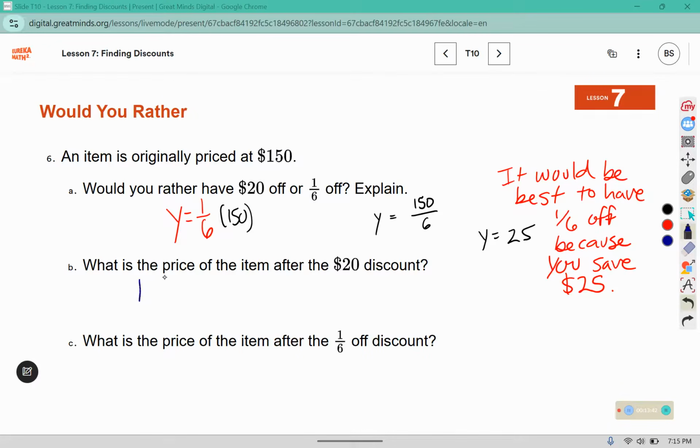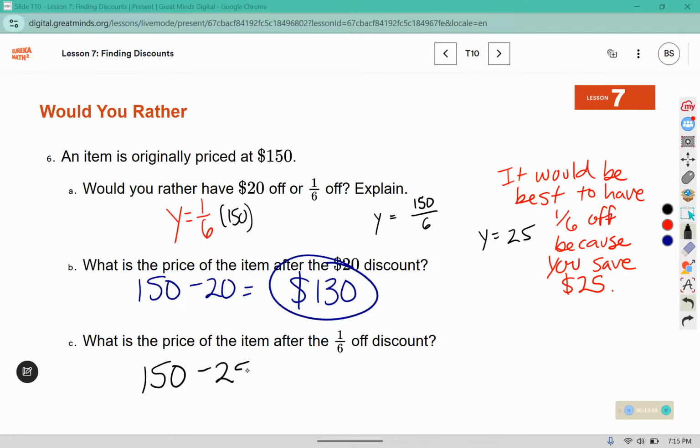So if you had 150 and you had a $20 discount, you would still spend $130. What is the price of the item after the 1/6 off discount? You would save $25, so you would still have to spend $125.